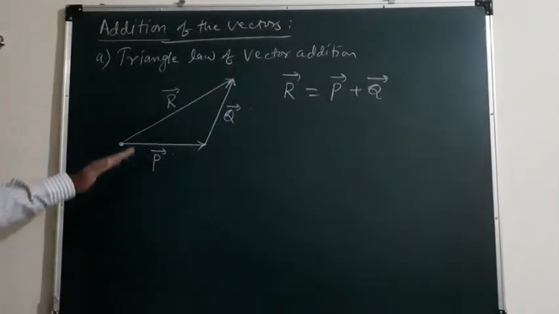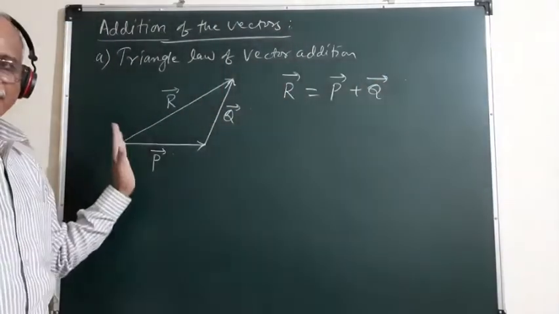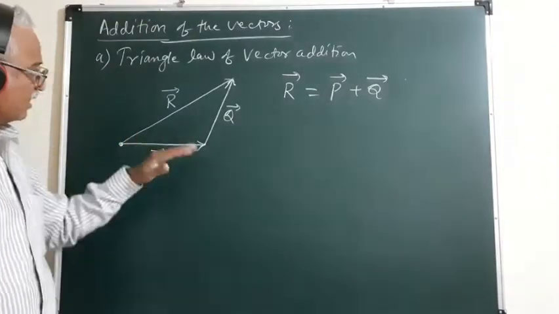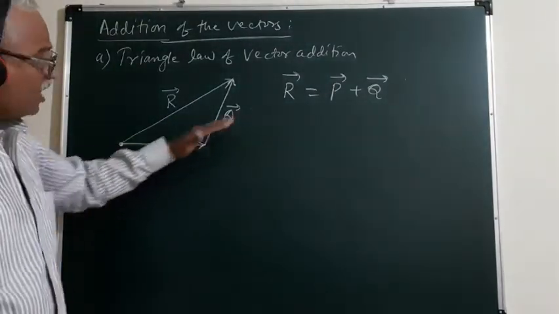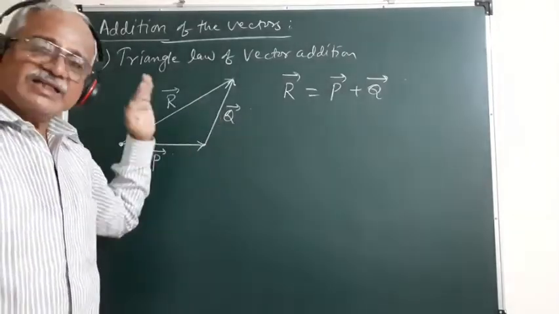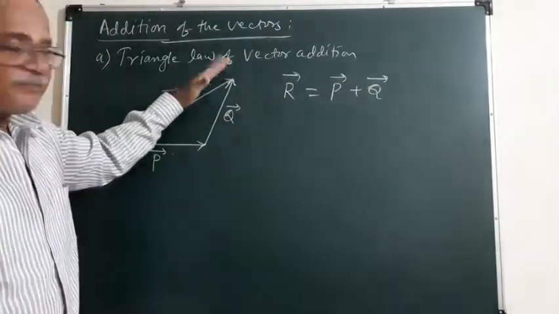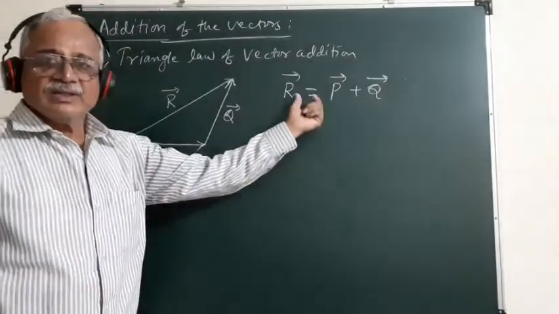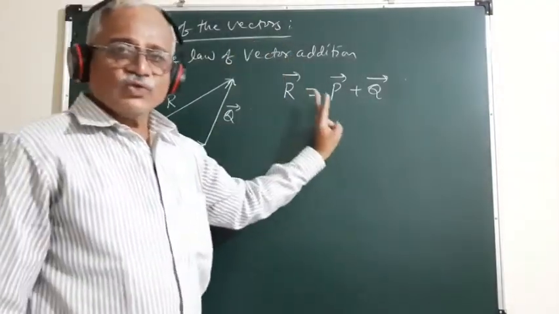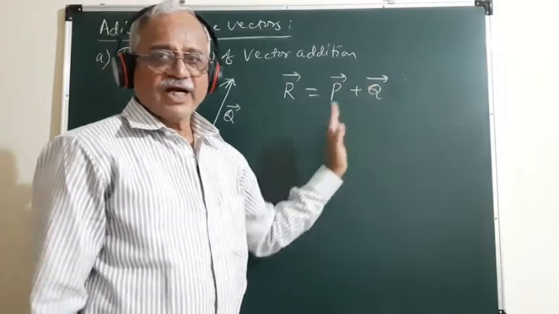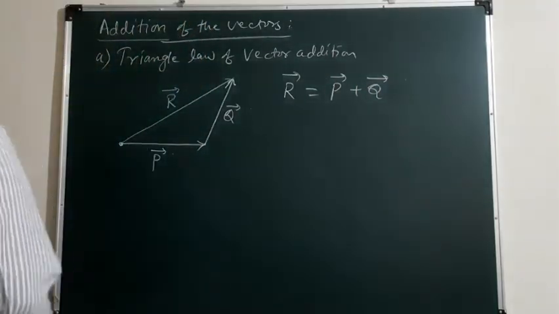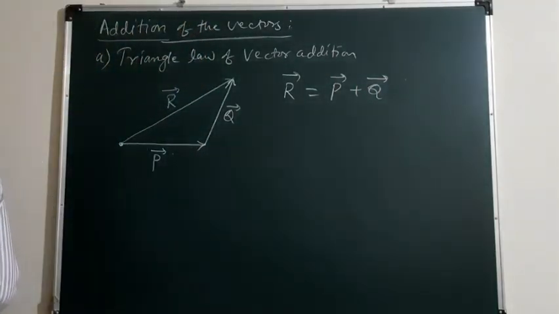Simply by arranging the vectors p bar and q bar in order and then completing the triangle by drawing this third side, we get the sum of the two given vectors. This is the triangle law of vector addition.